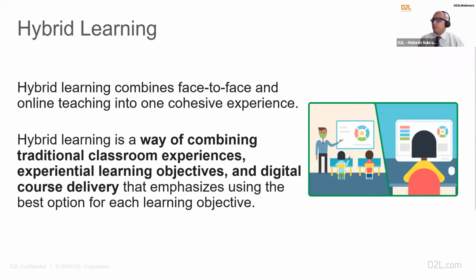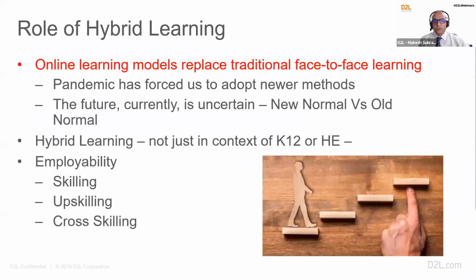Now, so in terms of how hybrid learning plays a role, right? You can actually see, this slide typically gives you the reason why we're here today. We are looking at a new normal. We don't know when and if we are going back to the old normal, right? Where we go back to a full online, a full traditional brick and mortar classroom.